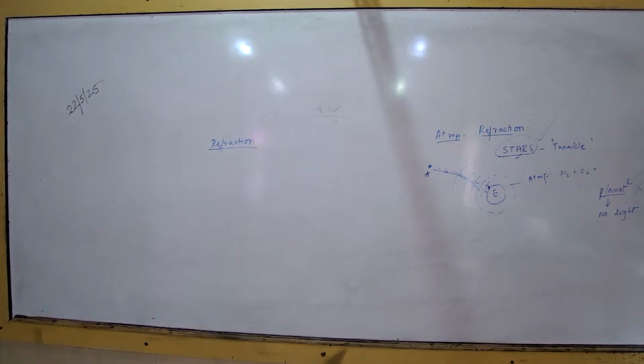Next point. Now we are talking about all these points in the same order. Okay? They refract and disperse the sunlight, then reflect it internally.